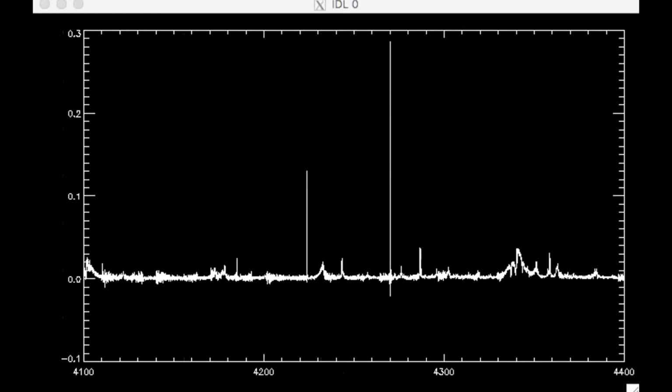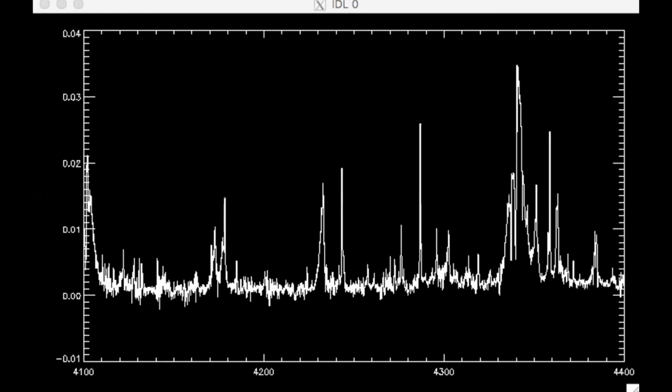I'm going to median filter this, and suddenly the spectrum becomes clearer. Okay, I just applied a filter on digital data that removed the spikes.